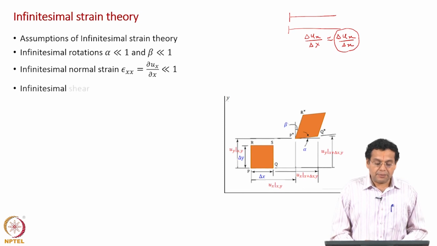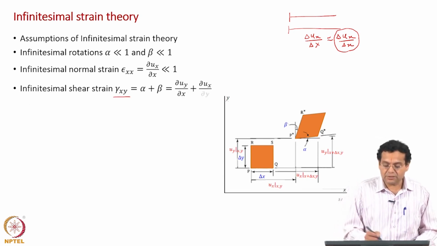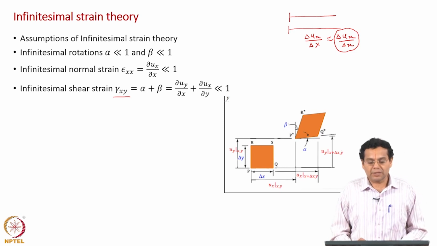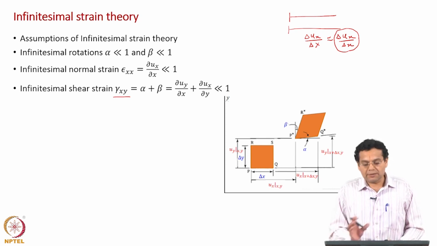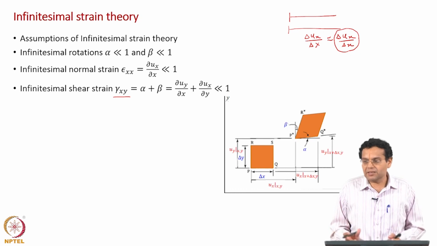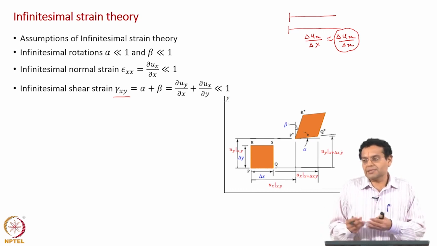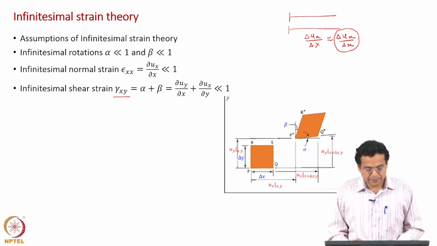And then because alpha is much less than 1, beta is much less than 1, obviously the sum is also very much less than 1, which means that the shear strain is also much smaller than 1. Okay. So, this complete set of assumptions is called infinitesimal strain theory. All our discussions are within these assumptions. It is not a limitation at all for us. We can straight away apply all this to fluid mechanics. That we will see much later. Okay.